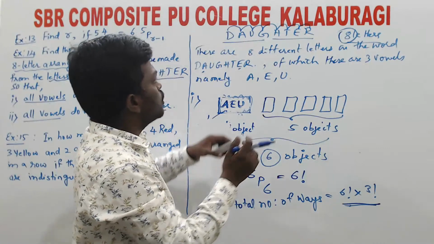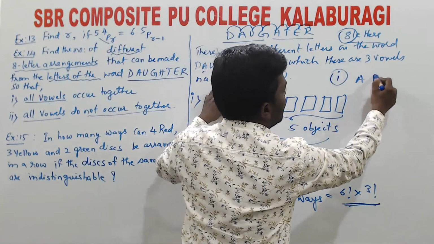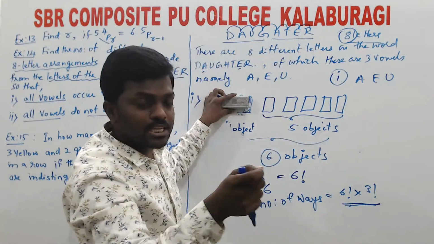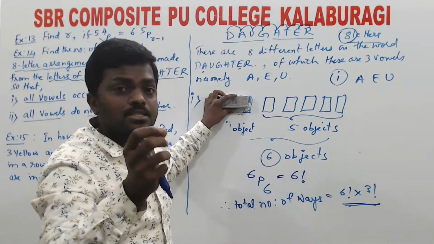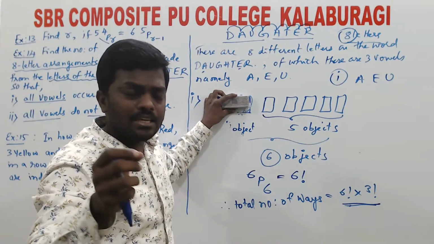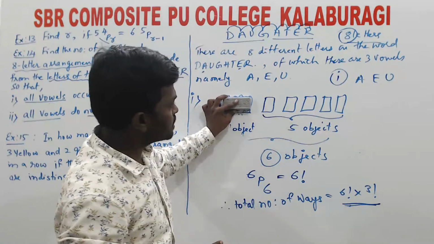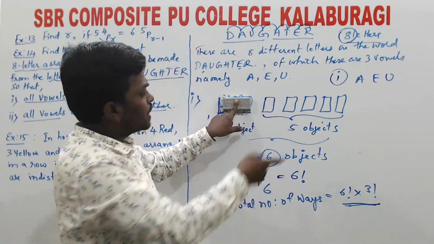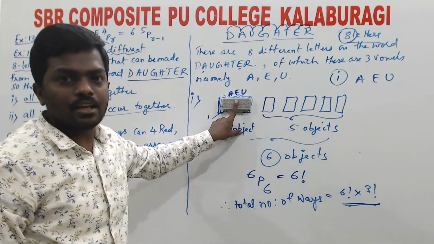So now look here. What is the first condition? A, E, U vowels. So these vowels should occur together. Means these A, E, U have to be put into one bogie only, right? This is our one bogie. So in that we have A, E, U. Is that clear?